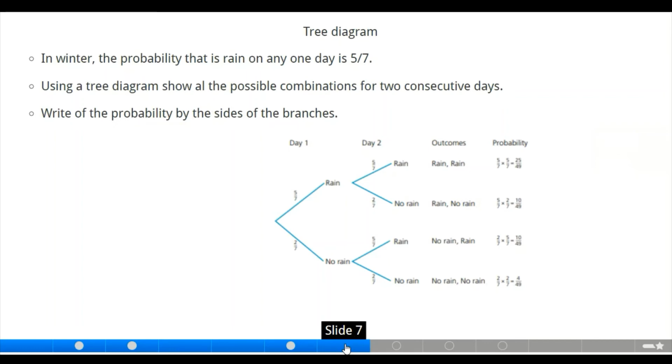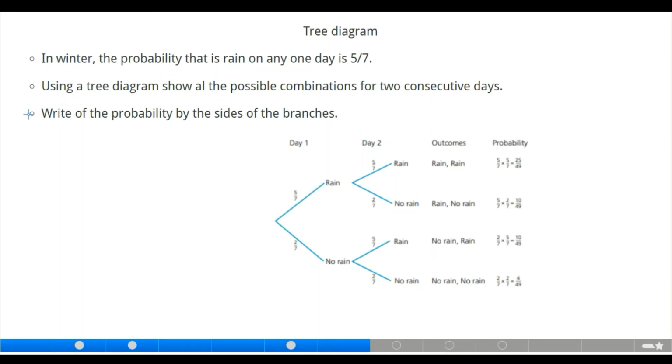This is an activity. We say that in the winter, the probability that it rains in 1 day is 5 over 7. Use the tree diagram to show all the possible combinations of 2 consecutive days. So let's assume that it rains.